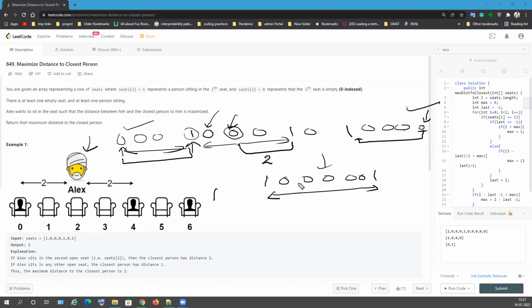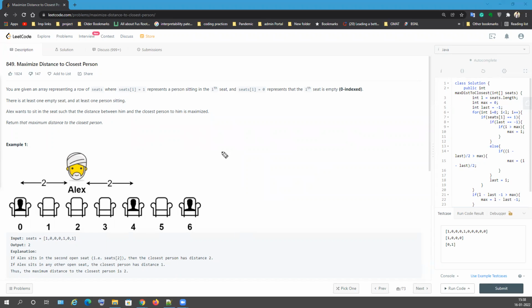In this particular case, there are no empty seats in the starting, no empty seats in the last, only empty seats in between. So you will maintain the last occurrence of one. For example, I'm just removing all this and starting the same example again.